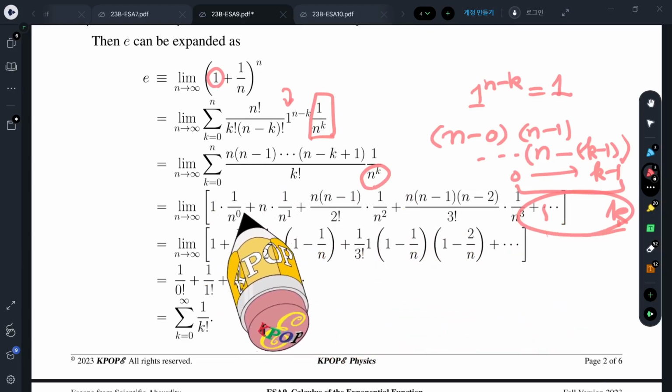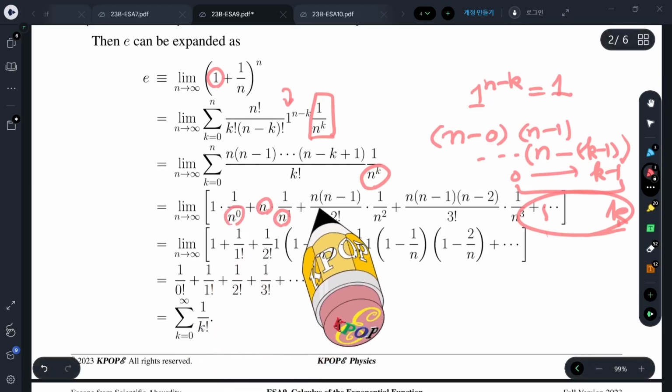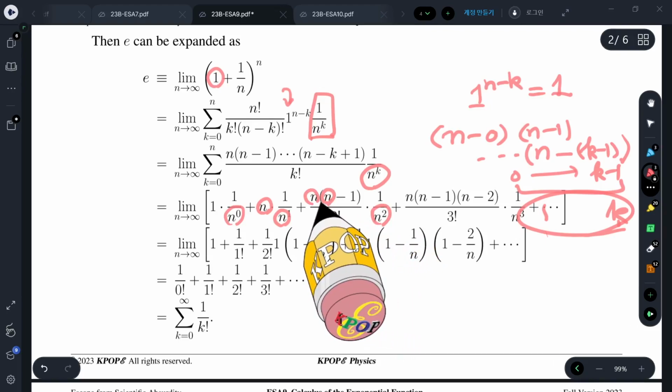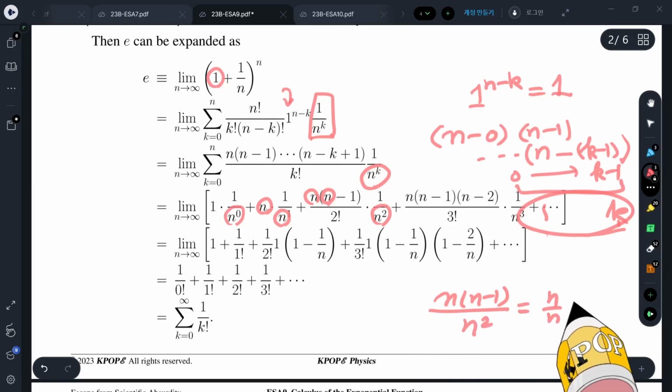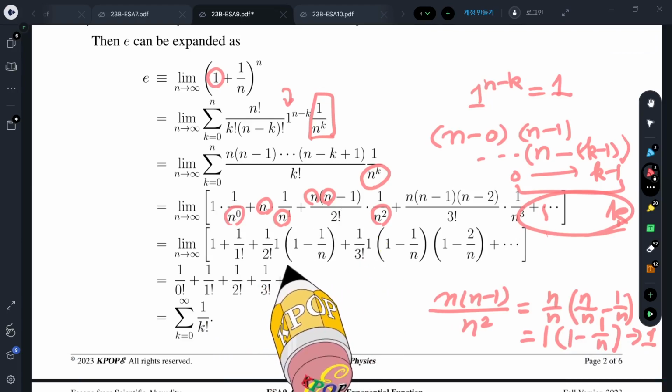Dividing n minus 1 by n, it is n over n minus 1 over n, so it is 1 times (1 minus 1 over n). As n goes to infinity, this approaches 1. In this manner, we can simplify every factor.